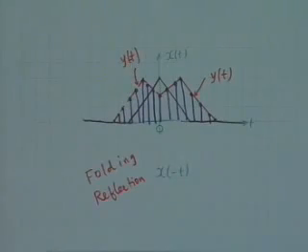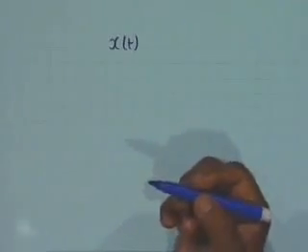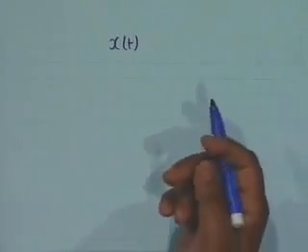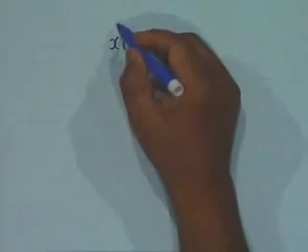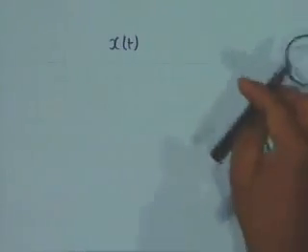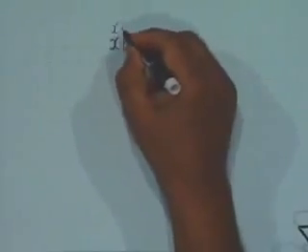All right. After folding, let's look at scaling. That is, if the independent variable is scaled, that is, I have an x of t, a signal. As I said, it could be continuous time. If it is discrete time, then I shall write this simply as x of n.